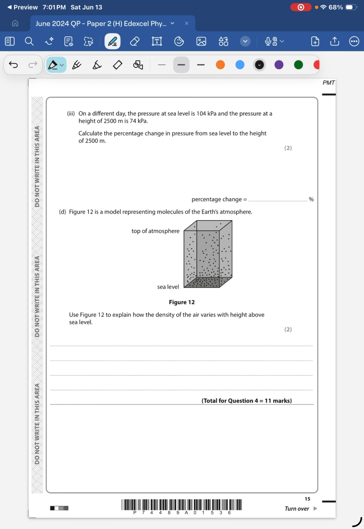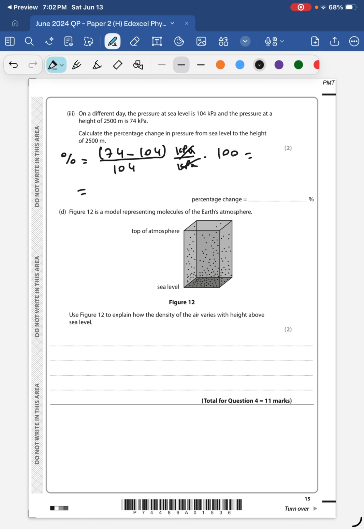So let's do that. The percentage change should be 74 at 2,500 meters minus 104 kilopascals at sea level, over the original, 104 kilopascals at sea level, so kilopascals cancel, times 100.